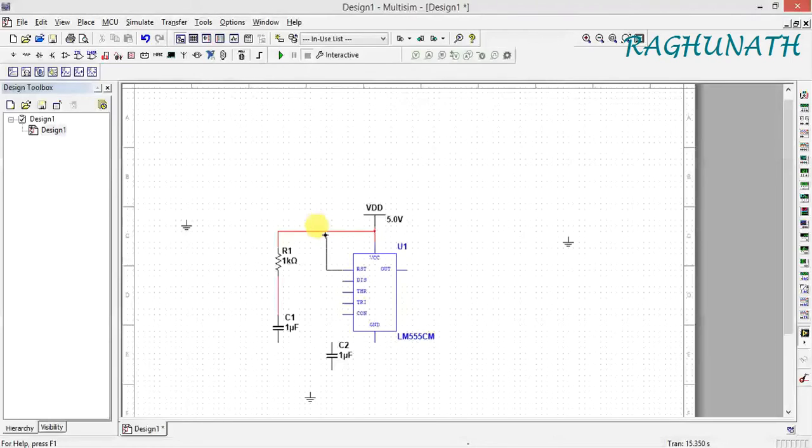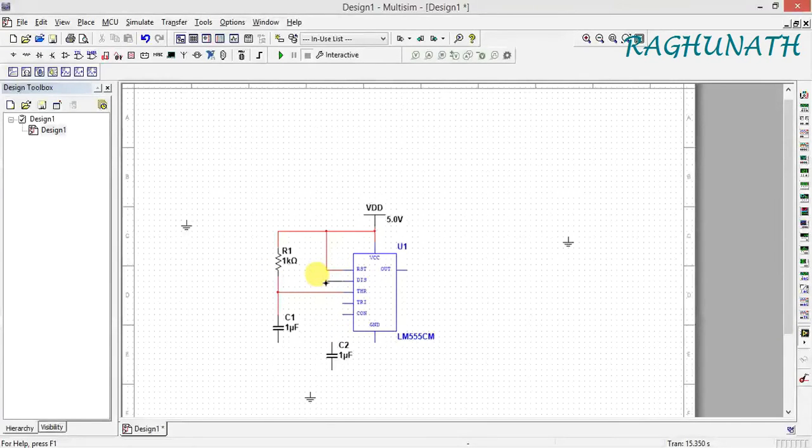Pin 4 is shorted to the 8th pin. Then pin number 7 is shorted to this. So first I have to short this trigger. I have to short here.